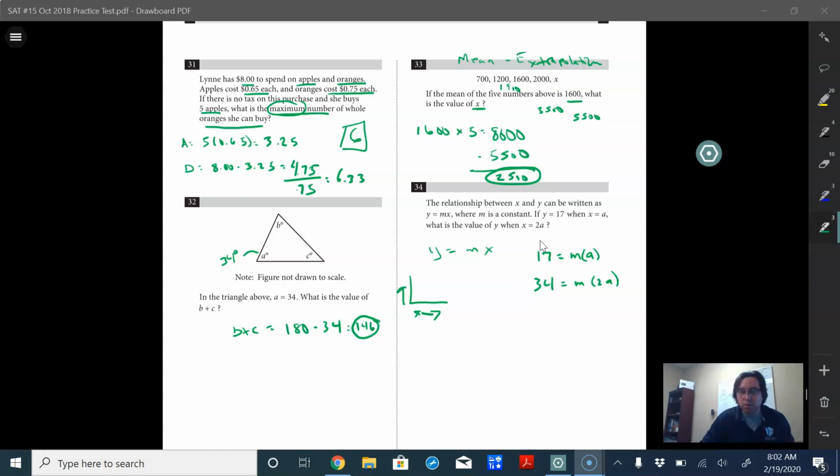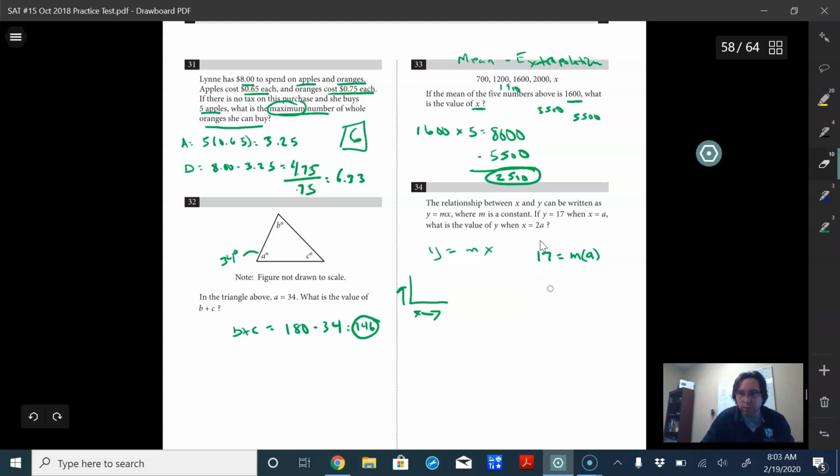I guess one way that I could probably explain this a little bit better is we know that m times a equals 17. To help you see this a little more clearly, essentially we're trying to figure out what y is if x equals 2a.